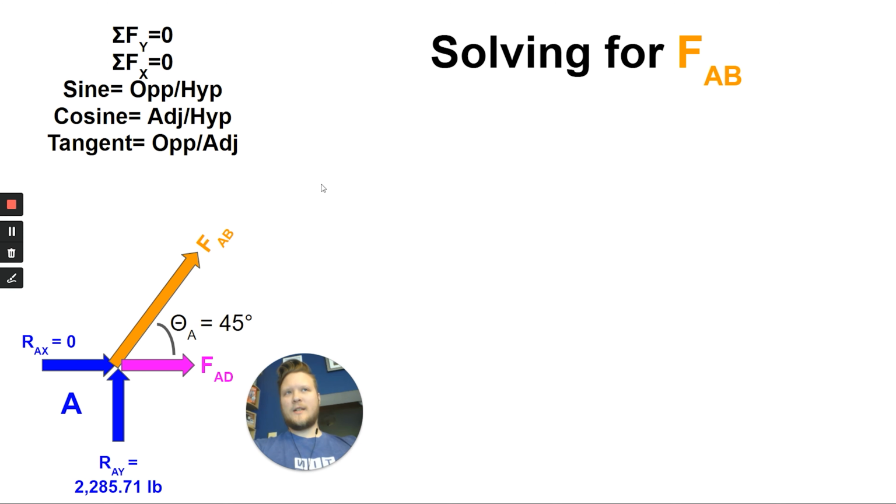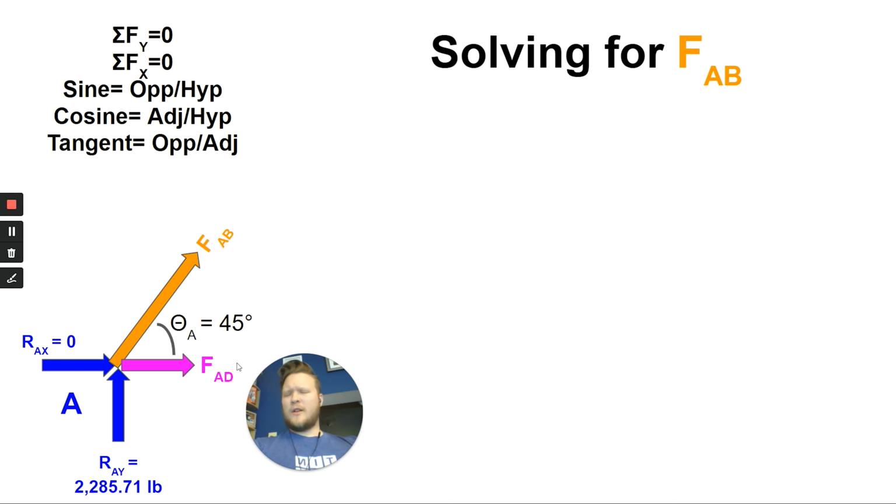And to get some of those values, we have to use sine, cosine, and tangent. So for instance, we're going to solve for FAB first, this orange vector. Why did I choose FAB? Well, I have RAX, and I have RAY, and I have my angle, theta at A. I want to look for the least amount of unknowns.